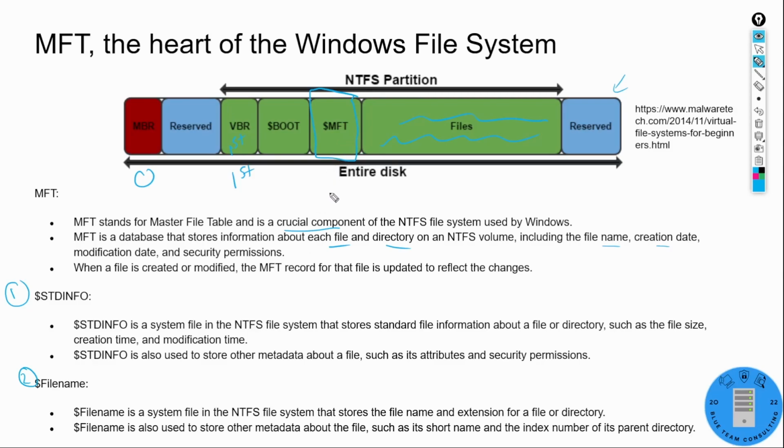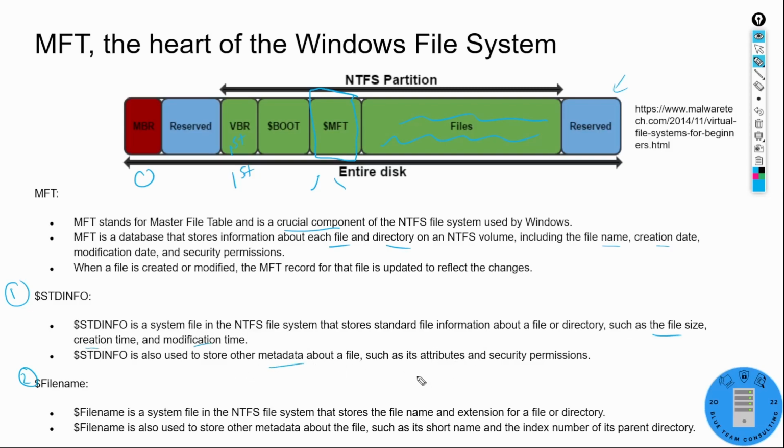Built into this, we have these two components that break down for std info and file name. std info is going to store the standard file information about a file or directory, like file size, creation time, modification time. Has other metadata.